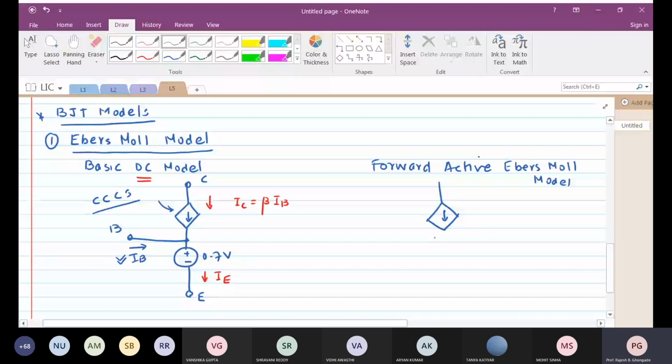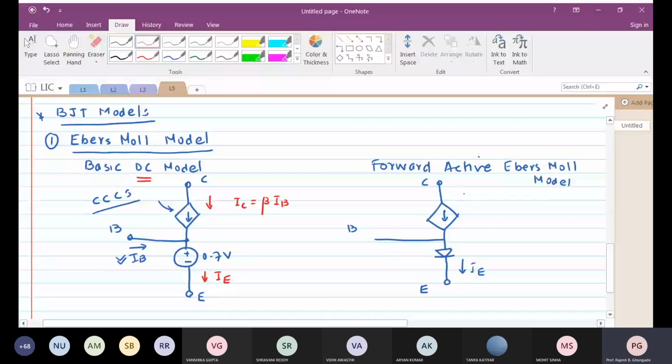What I'm doing is I'm replacing this with the help of a diode. That's all. So this is the collector, this is the emitter. This is emitter current. Of course, this is still DC.